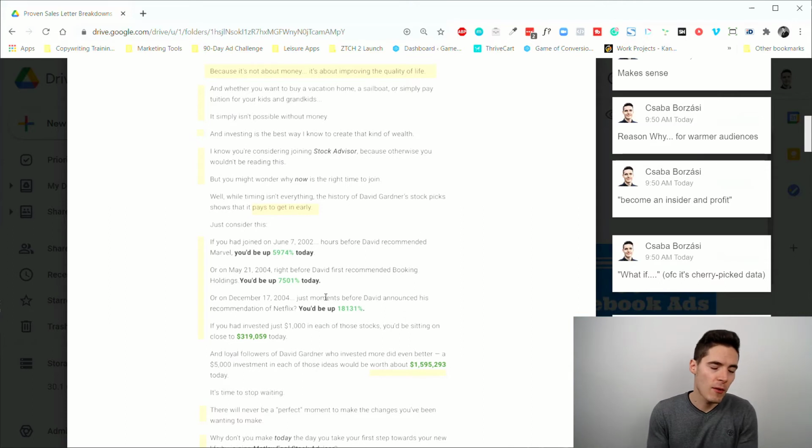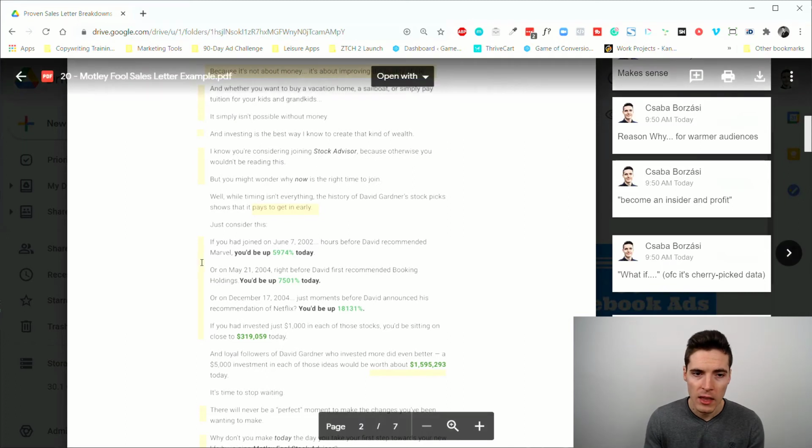This is very strong proof. Obviously, if you study and learn about the psychology of investing, you quickly realize that nobody, and I mean nobody, not even Warren Buffett, can really predict what's going to happen. Everything is just a trial and error type of thing, and there's tons of cherry picking going on, even here.